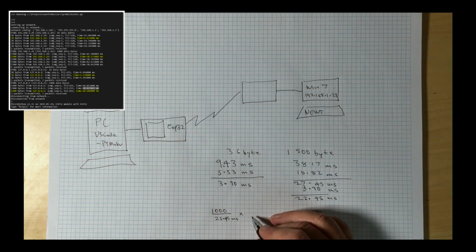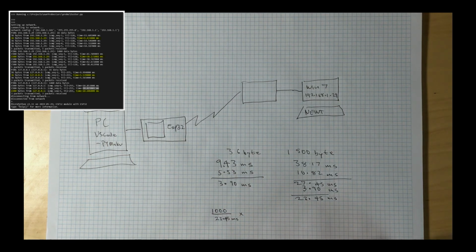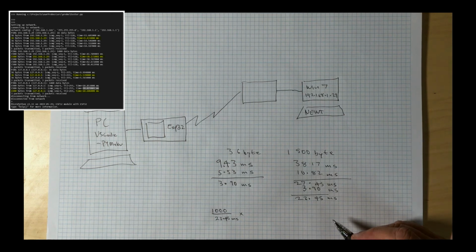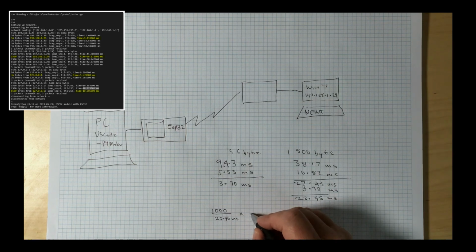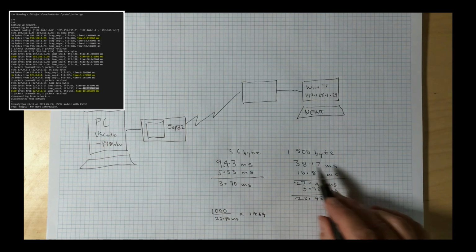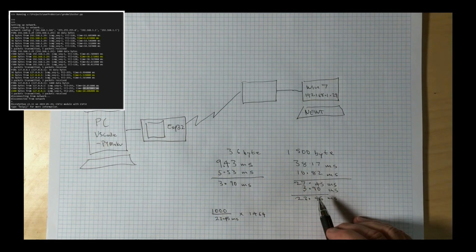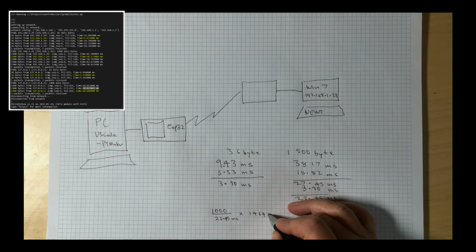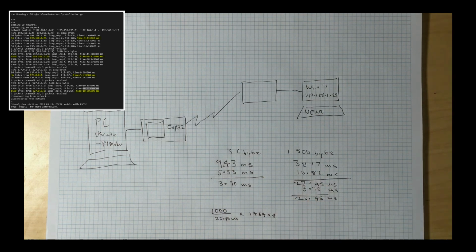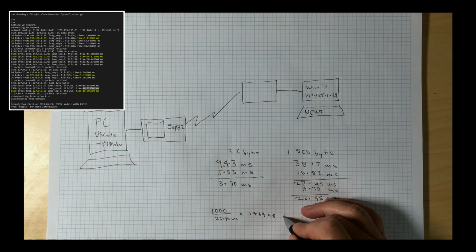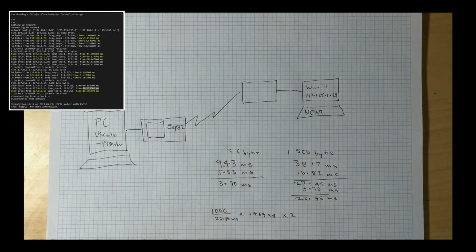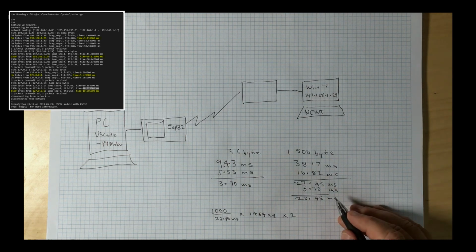Then I'll convert the difference in packet length, 1464, which was the difference between 36 bytes and 1500 bytes. I'm going to multiply that by 8 to convert it to bits, and then multiply by 2 because it's actually a round trip, so it's getting the effect of the bandwidth constraints on both trips.